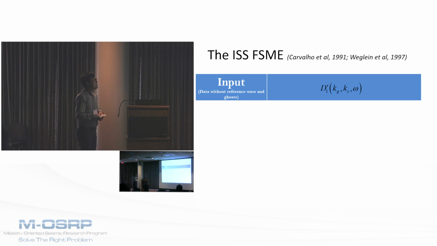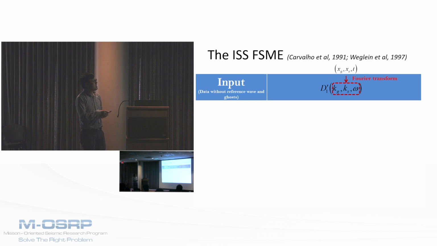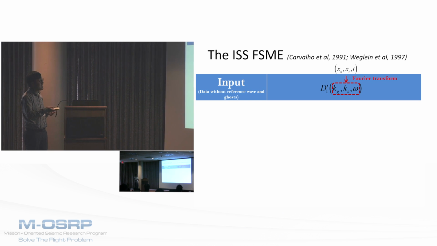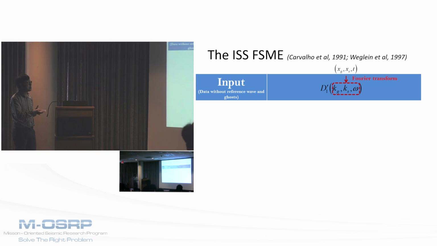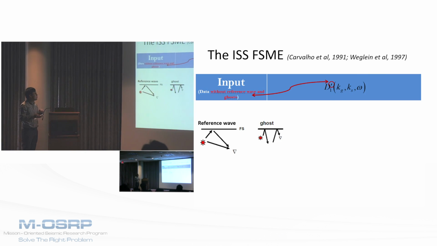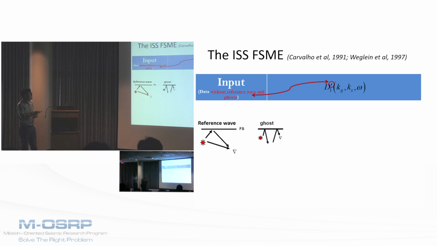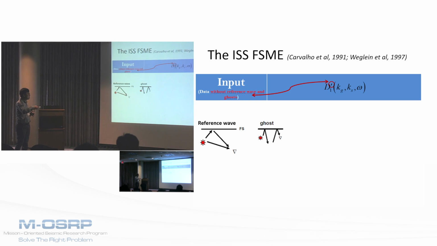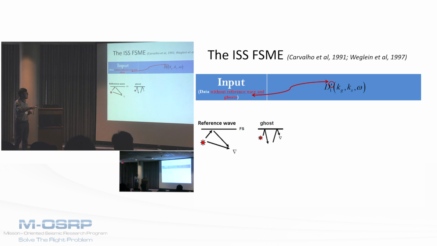For the ISS free surface multiple elimination algorithm, the input data, following the notation used by the developers of this algorithm, is represented by D1 prime, where the variables kg, ks, omega are a Fourier transform from the xg axis and time, where xg is the space location of the receiver and source, and time is the time variable. The prime here means the input data has gone through the removal of the reference wave, where we have plots to show the reference wave and without any ghosts.